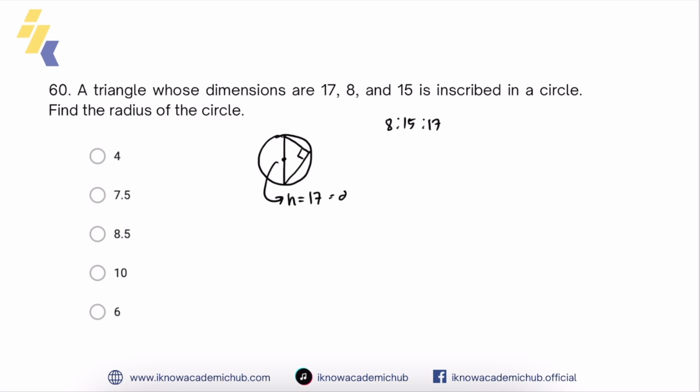That is the diameter of the circle. Now we are looking for the radius, and the radius is just half of the diameter. So that's diameter over 2. That is 17 over 2 or 8.5.